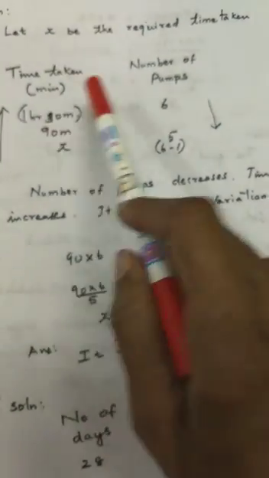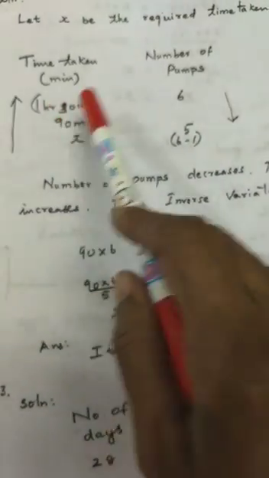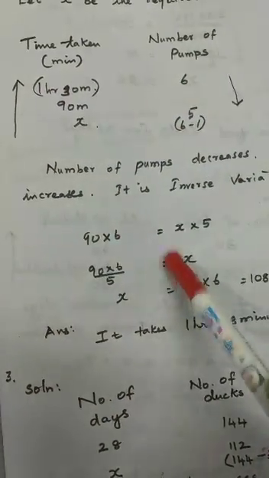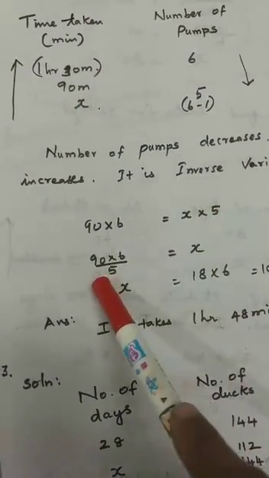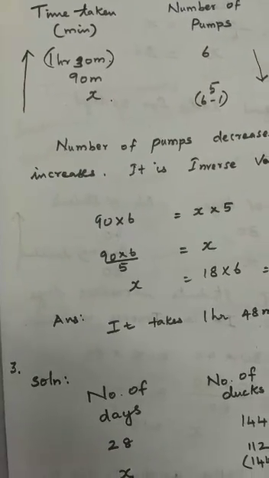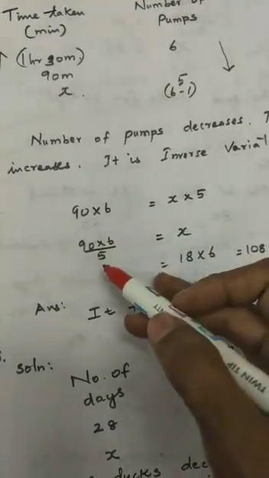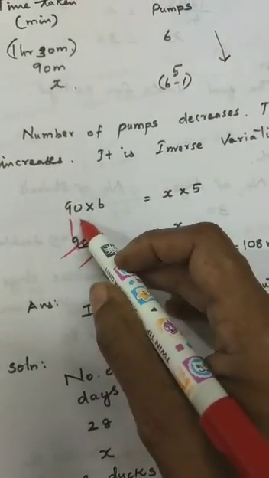So you have to multiply these two is equal to these two. 90 into 6 is equal to x into 5. So keep x there and bring the 5 this side, so it will come to the denominator. Now you cancel. 1 times, remainder 4, 40.